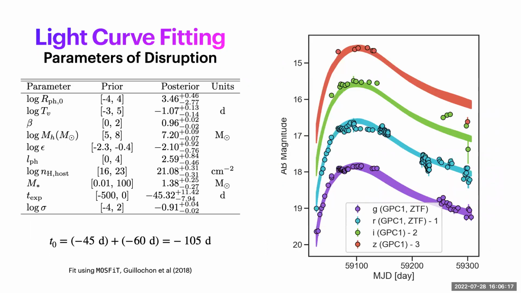So the first thing that we end up doing is fitting the light curves, right? Here we use MOSFIT, a fitting routine that can do several different types of transient events, among them TDEs, but also supernovae and many others. It's great because it deals with each band individually.